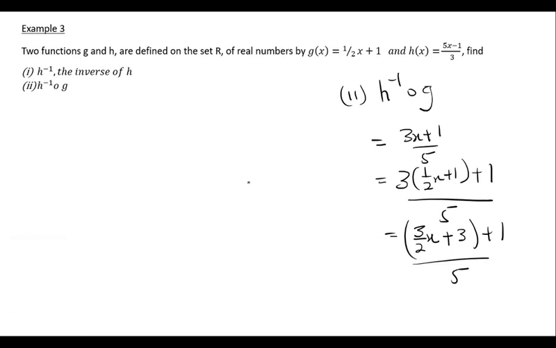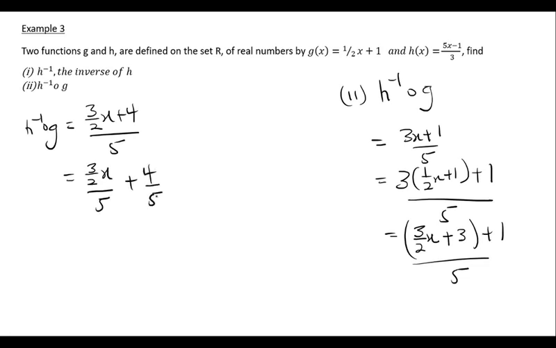Alright, so from here we can see that h inverse of g is equal to, we have 3, we have 1, so we can add. So we have 3 over 2 x plus 4, all divided by 5. Now this entire fraction can be rewritten as 3 over 2 x divided by 5 plus 4 divided by 5.